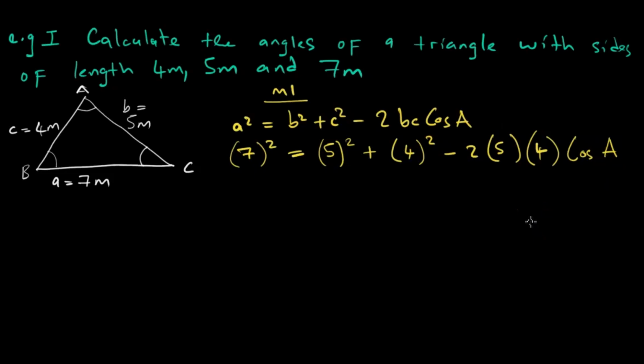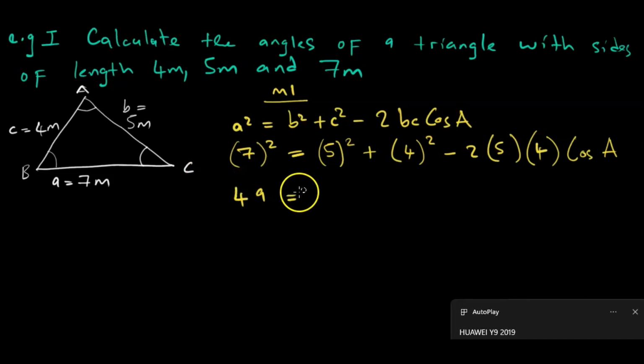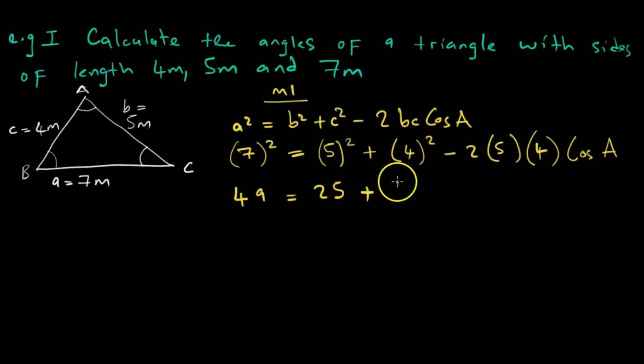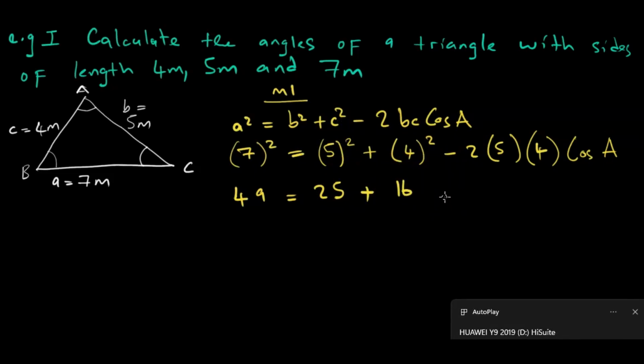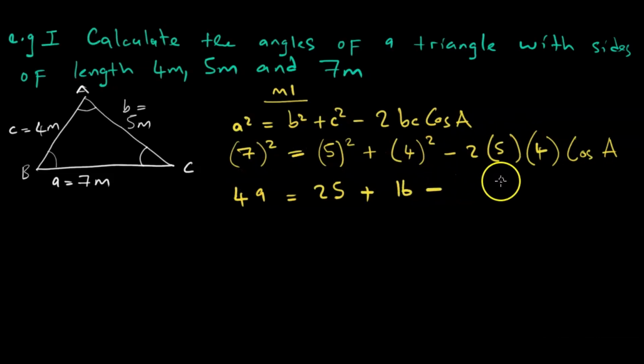So here we obviously need a calculator. 7 squared is 7 times 7, which is 49. So here we have 49 is equal to 5 squared, 25 from 5 times 5, plus 4 squared, 16 from 4 times 4, subtracting 2 times 5, that is 10, and 10 times 4 it's 40, so it's minus 40, the cos of A, like this.